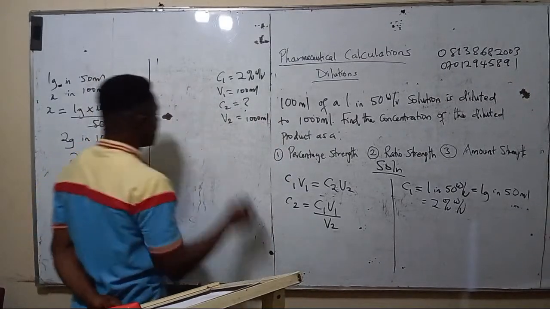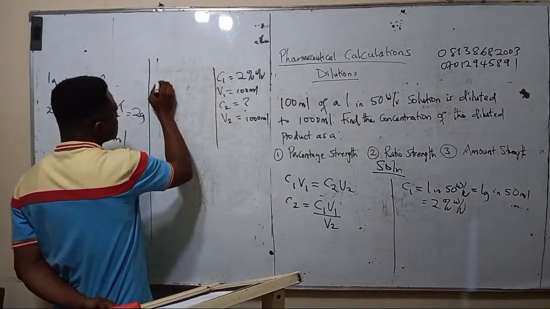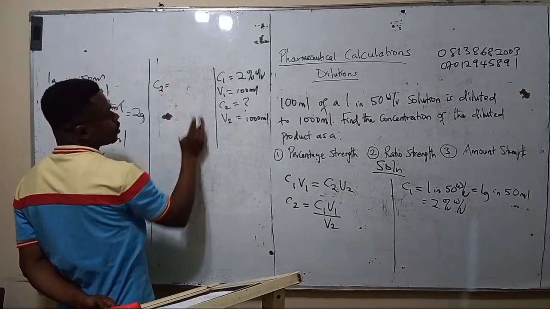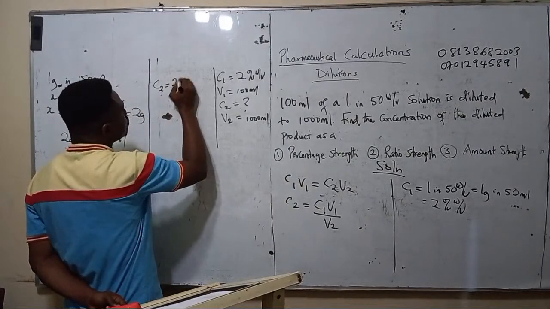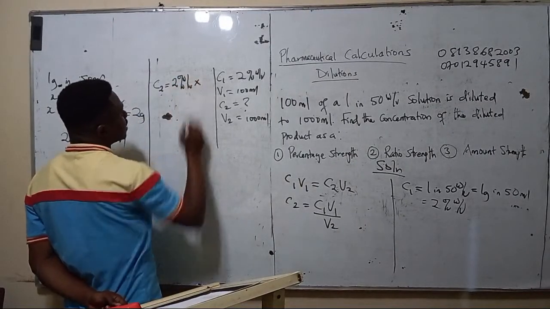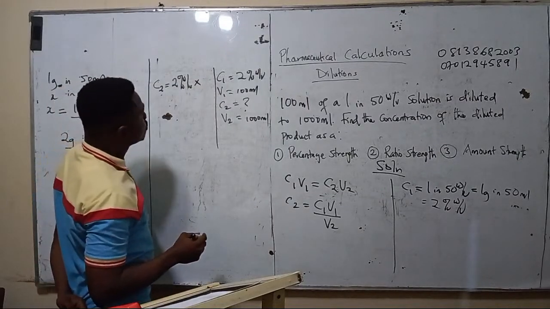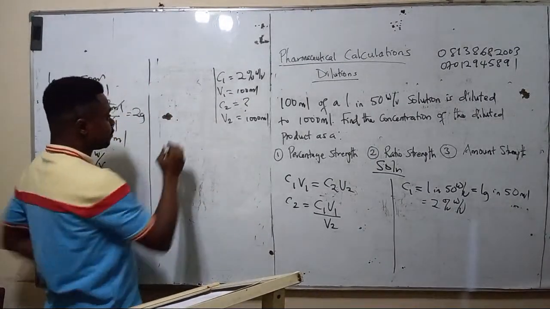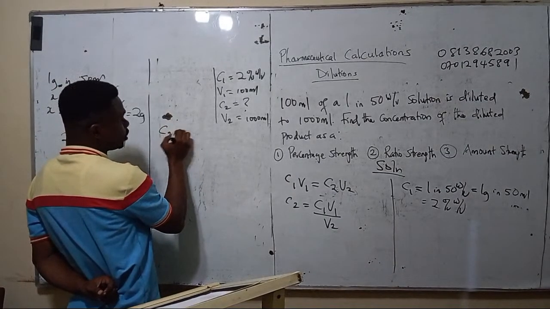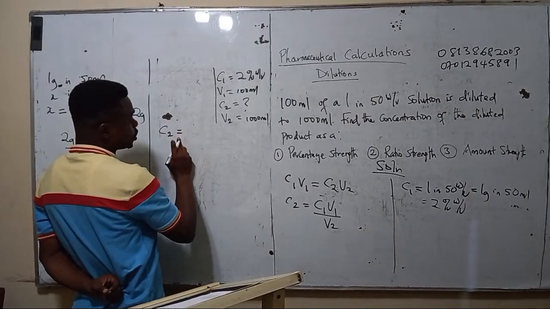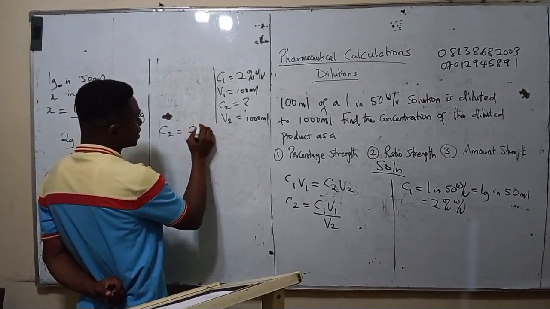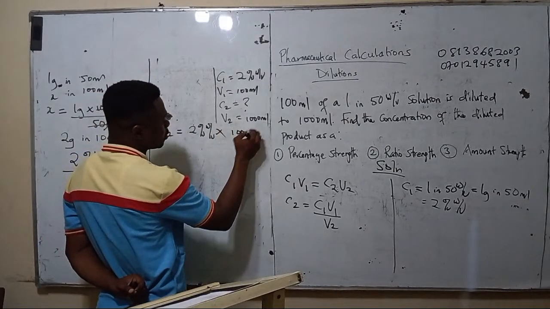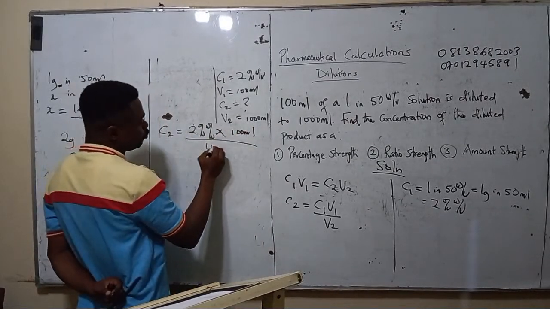So using this dilution formula, C2 is equal to C1, which is 2% weight in volume, times V1, which is 100 mL, over V2, which is 1000 mL.